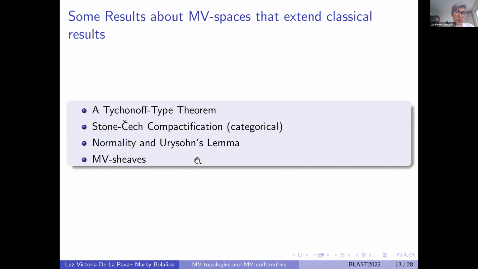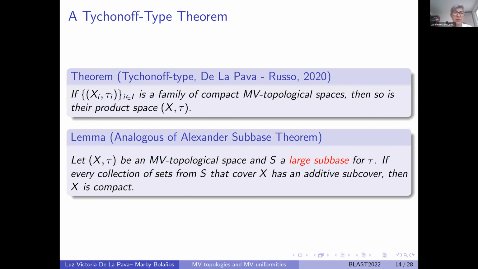We prove a Tychonoff theorem. We have a Stone-Čech compactification, and we have an Urysohn lemma. We define two shifts on MV topological spaces. I will go quickly over these topics. So this is the Tychonoff theorem in its canonical form.